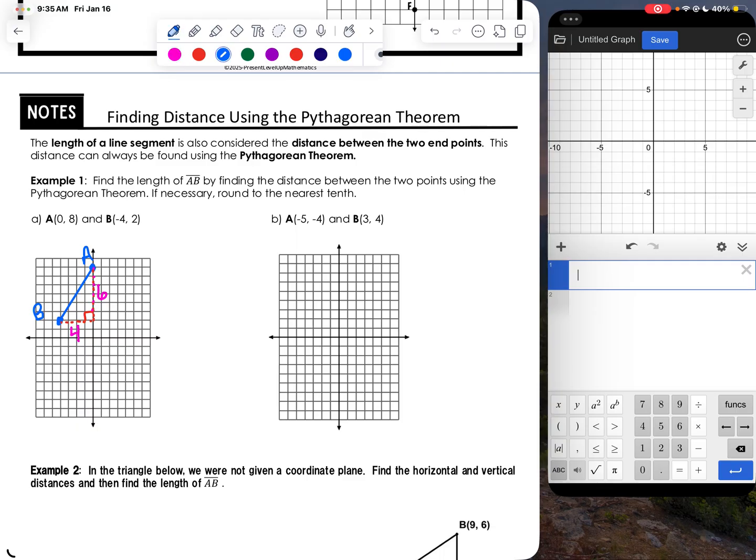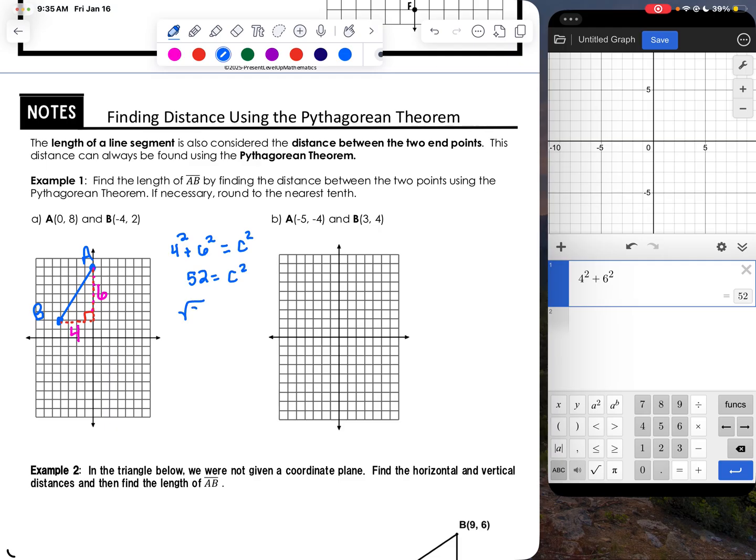Now, you've learned in previous lessons that if you know 2 sides of a right triangle, you can find the third side. So in this case, we're trying to find the hypotenuse. So we'll say 4 squared plus 6 squared is equal to c squared. We do not know the length of the hypotenuse. So I'll use my calculator here. 4 squared plus 6 squared gives me 52 is equal to c squared.